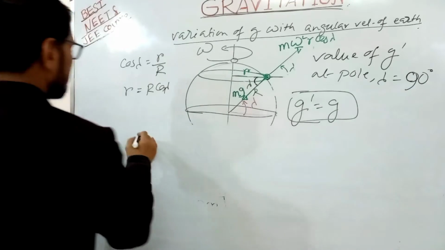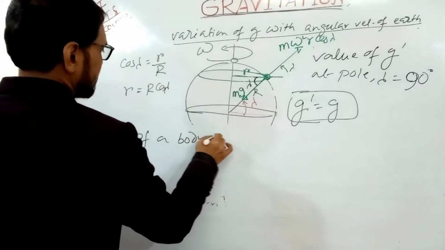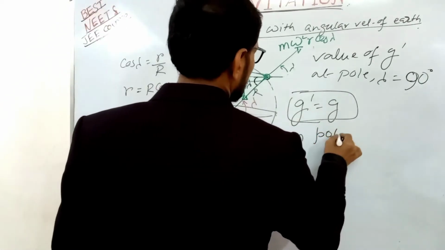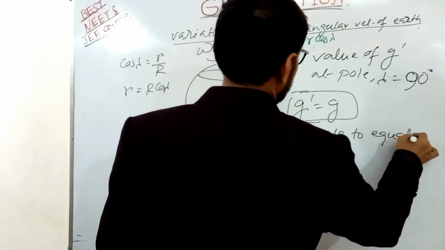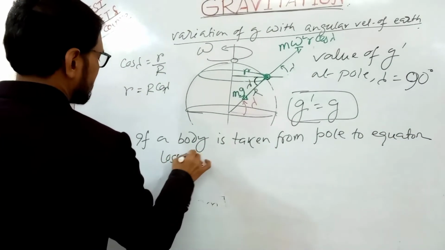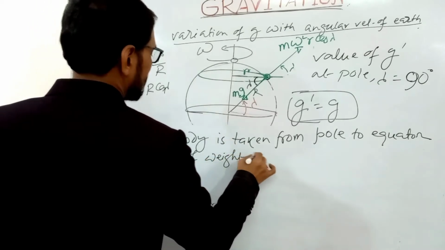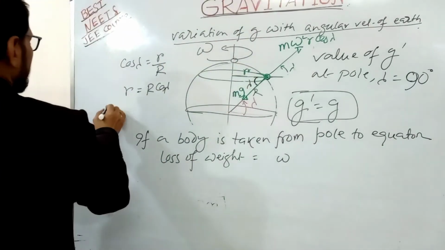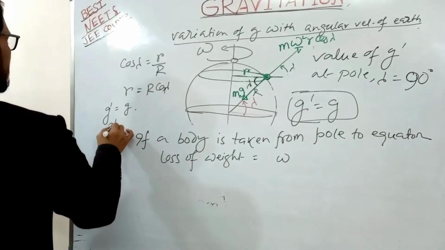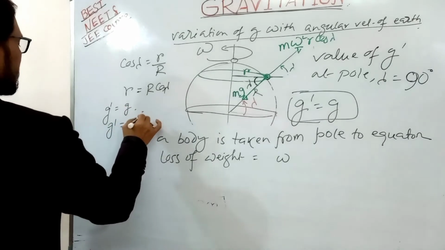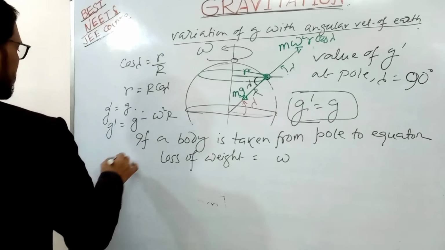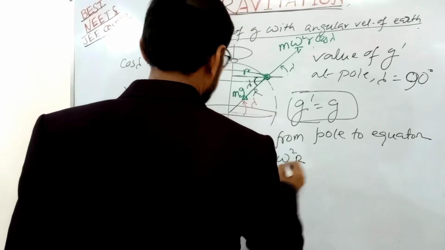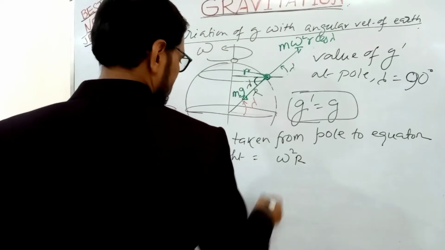Loss of weight equal to omega square R, because at pole g dash equal to g, and at equator g dash equal to g minus omega square R. So loss of weight equal to omega square R. Weight equal to mass into this.